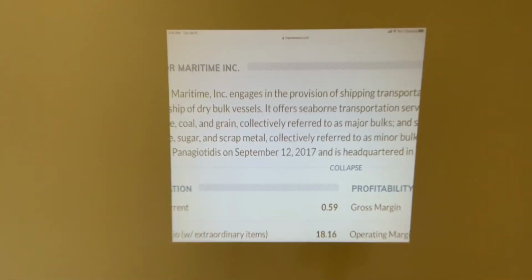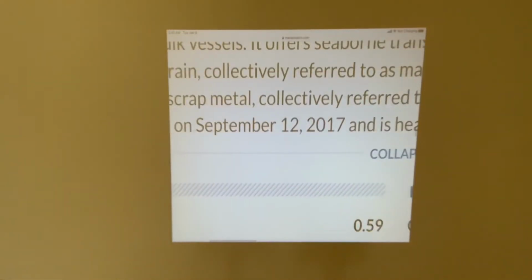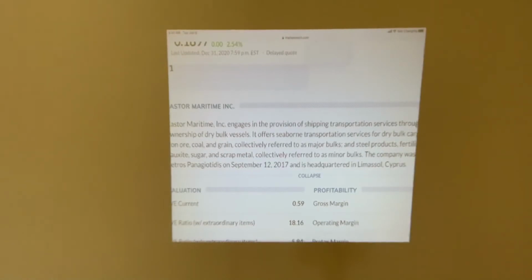If they've been in business for a long time, that is less risky than companies that just came out, because if they've been through a lot of crises and stayed in business, that means a lot. That means they know what they're doing. If they are new, they have a higher risk. Like this one has been in business since 2017. That doesn't mean it's a big thing, but you just keep in mind that they are new in business.